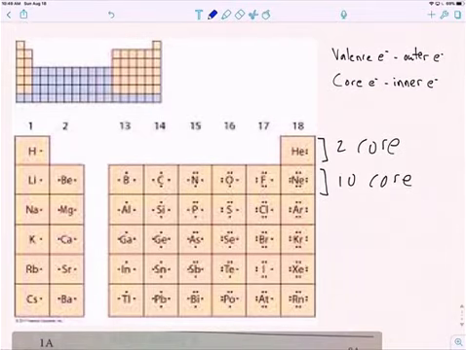I've talked about this a little bit: valence electrons and core electrons. Valence electrons are outer electrons, core electrons are inner electrons. I kind of think of this in terms of clothing. Hydrogen having one electron is akin to someone wearing a one-piece bathing suit, and he or she is wearing no other clothing.